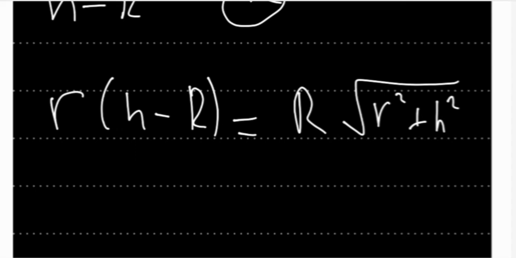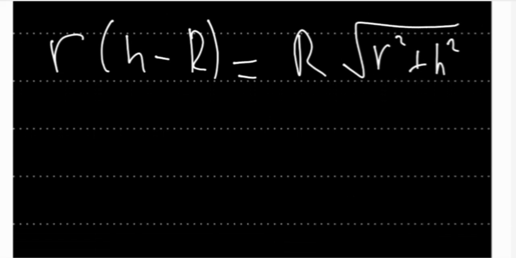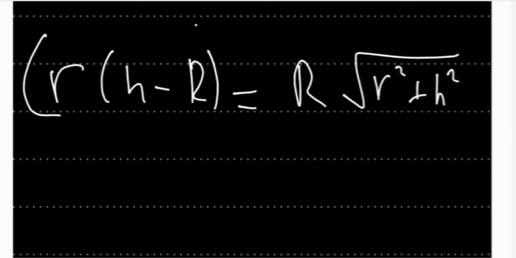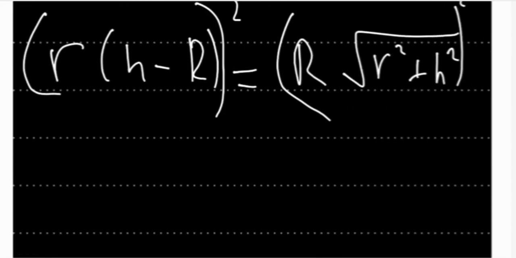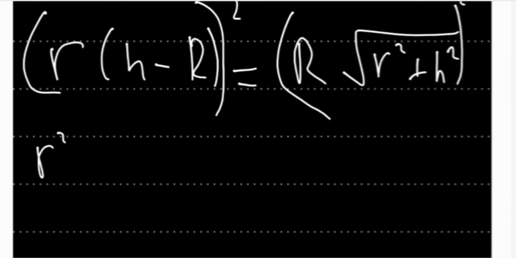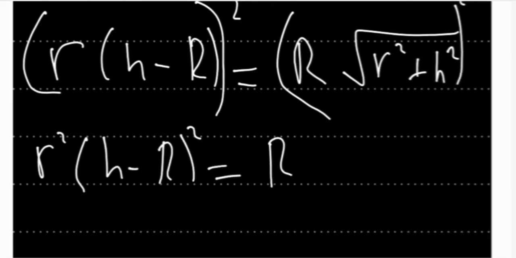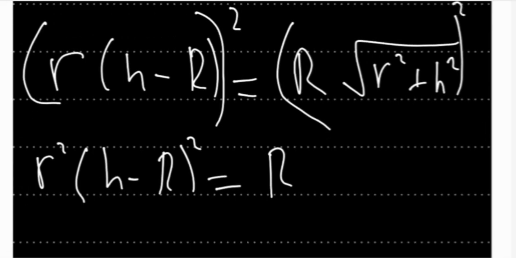Now look, we have this part over here in the square root, so let's put everything squared so that we can get rid of it. So this squared and this squared. So we'll have that r squared multiplied by H minus R squared is equal to big R squared, and this square root will vanish, right? Multiplied by small r squared plus H squared.